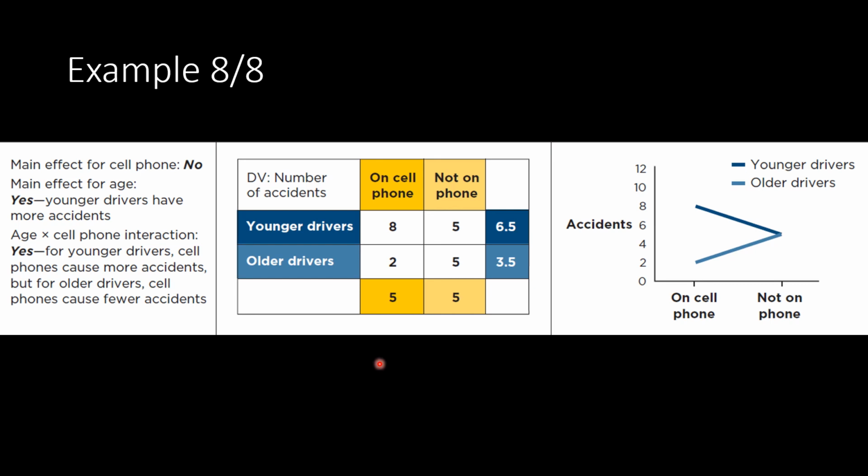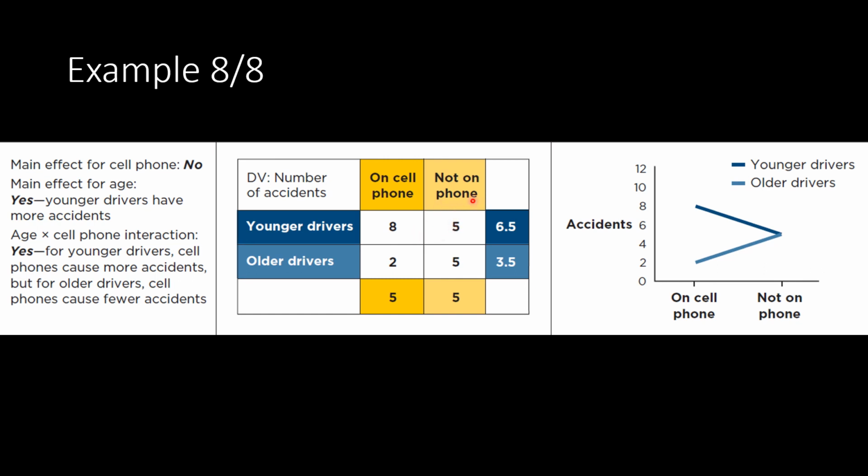I guess just as an extra piece, we often use these tables. It's easy to show, same thing with these types of graphs. When we're looking at two-factor designs, it becomes a little bit more complicated when we have three-factor designs, because ultimately then what you would need is two tables like this.